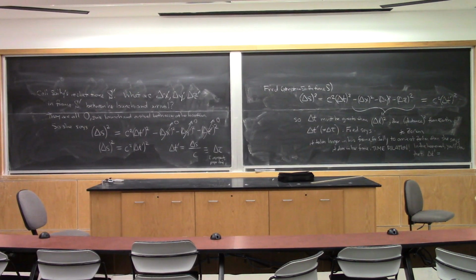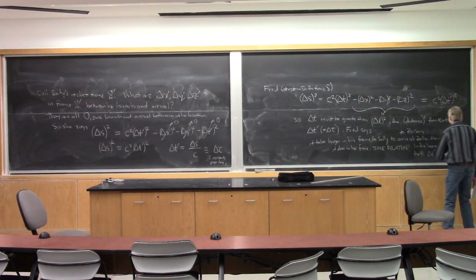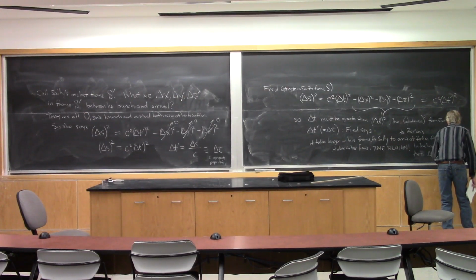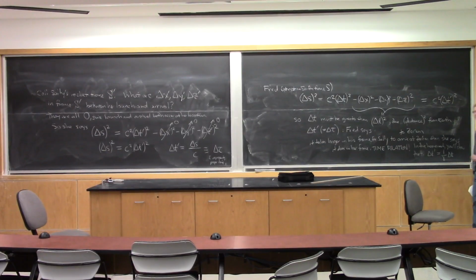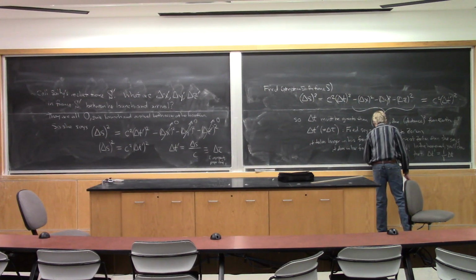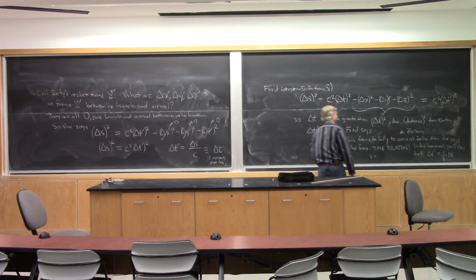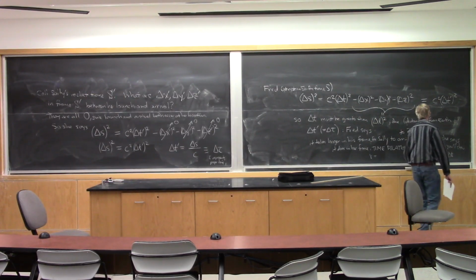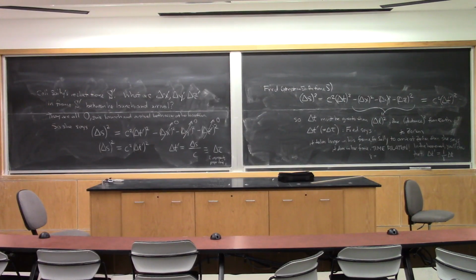Hint, it involves that funny gamma thingy. Oh my God, you just haven't burned this into your brain. It's this: 1 over gamma times delta t, where gamma's bigger than 1. So what is gamma again?